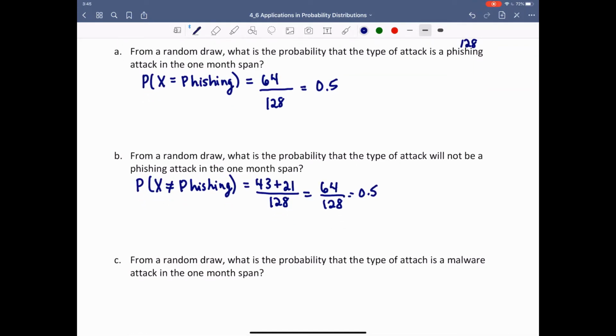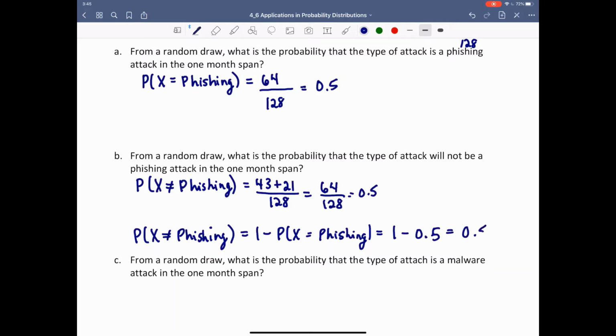Another way you can look at this is that the probability of it not being phishing is equal to, if you take all possible cases, so 100%, and take out the ones that are phishing, you get 1 minus 0.5, and that has a 50% probability again.